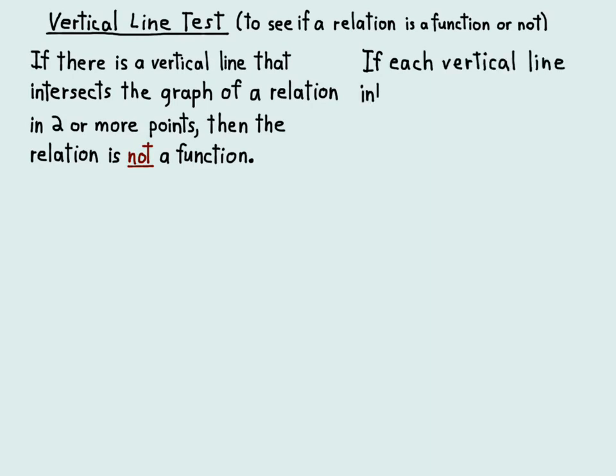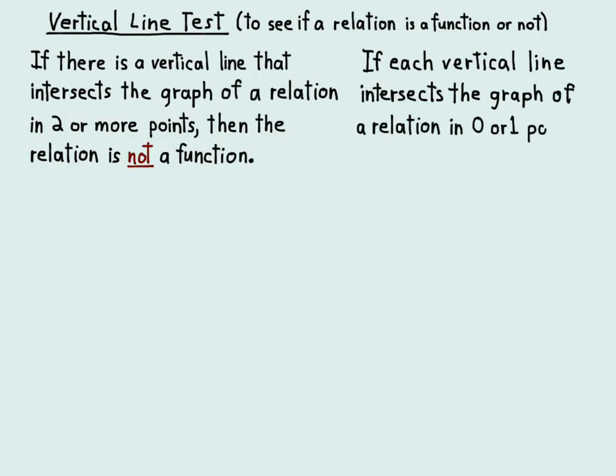If each vertical line intersects the graph of a relation in 0 or 1 point, then the relation is a function. So there's no vertical line that intersects it in two or more points is what that's saying.